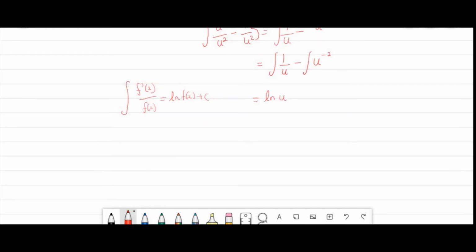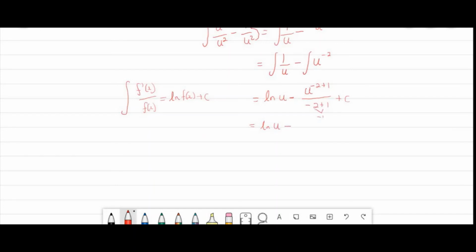So therefore, here that means I'll have ln u. So when I integrate this, I'll say minus u to the power negative 2 plus 1 over negative 2 plus 1 plus c. So our final answer will be equal to ln u minus, so let's see, a minus multiplied by a minus, this will be a negative 1.